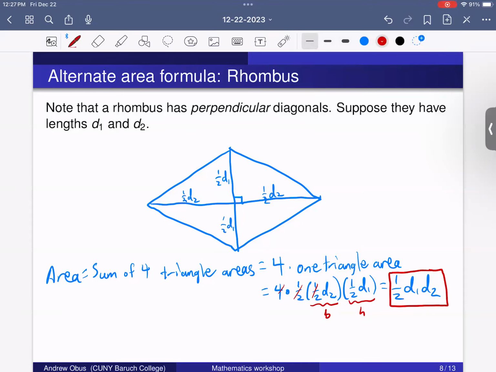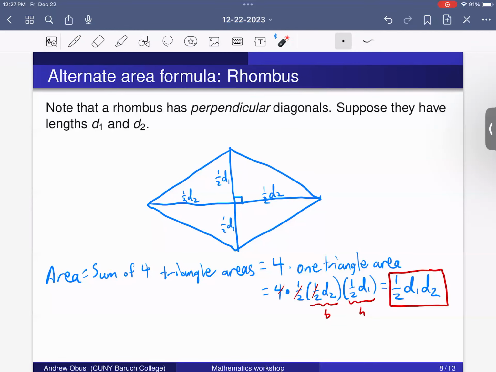Yes. You are using 4 times the formula of one of the triangles? Yep. Right, 4 times, because it's 4 triangles, right? So if I know the area of one triangle, I can just multiply it by 4. So I have 4 over here for the 4 triangles, and then each triangle is 1/2 times base times height.